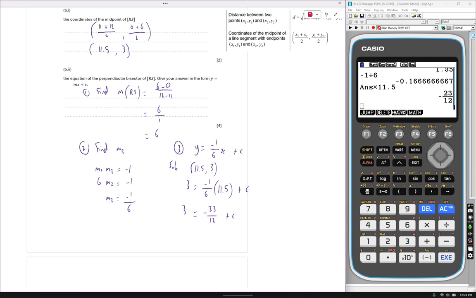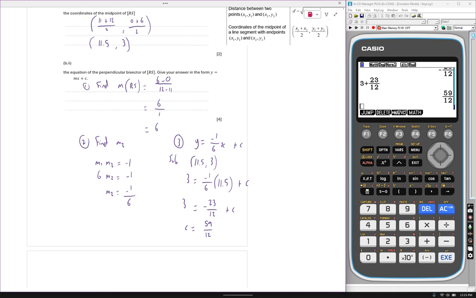So the opposite of minus 23 over 12 is plus 23 over 12. So we're going to do 3 plus 23 over 12 equals 59 over 12. So c equals 59 over 12.